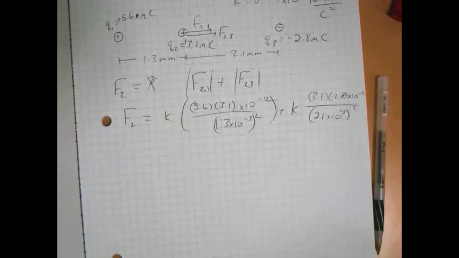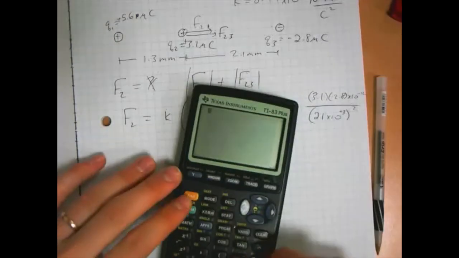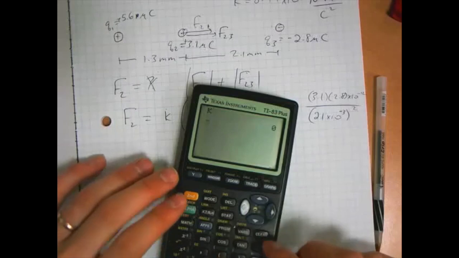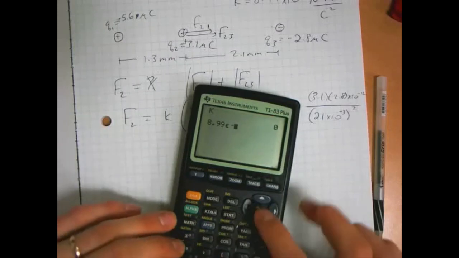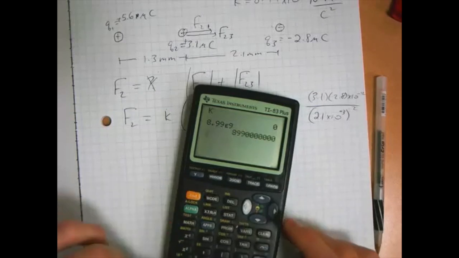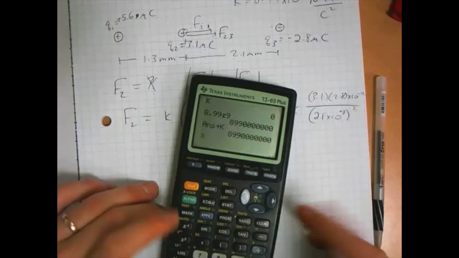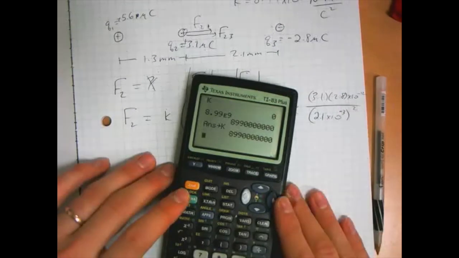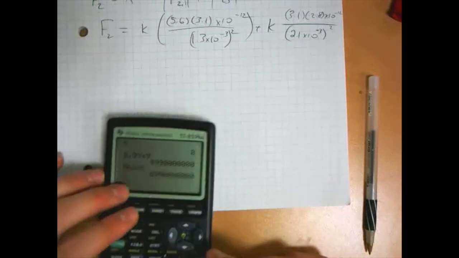Actually, for this segment of the course, I would recommend, I don't know if I did this in this calculator yet. Nope. Take your 8.99 times 10 to the ninth and store that as K. And then when you're doing your calculations, you can just type K in instead of writing out the whole number.